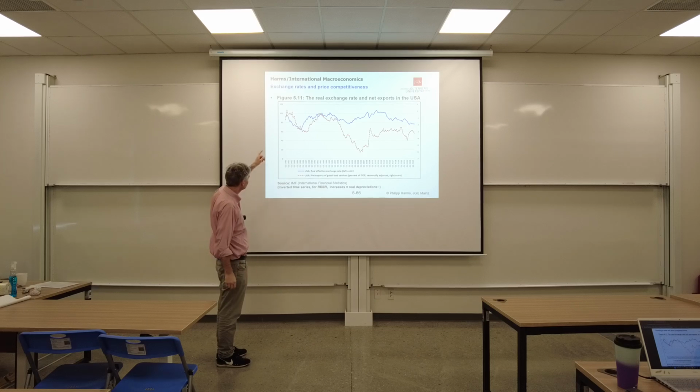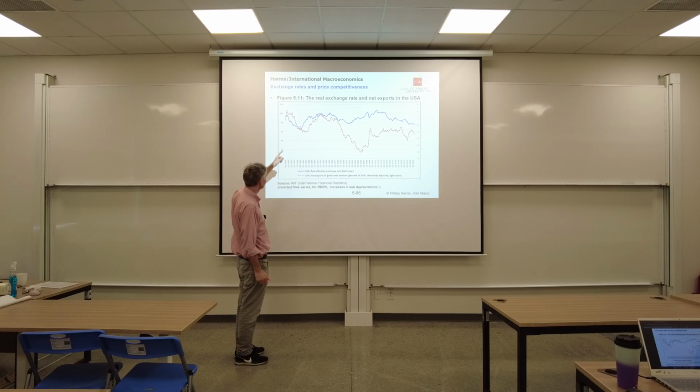And what you see is that in the early 80s, the dollar appreciated quite substantially, and net exports went down. And then the dollar depreciated quite substantially in the second half of the 80s, and net exports went up. So you have that effect, but you have it with a lag. And this is the J-curve effect, right?